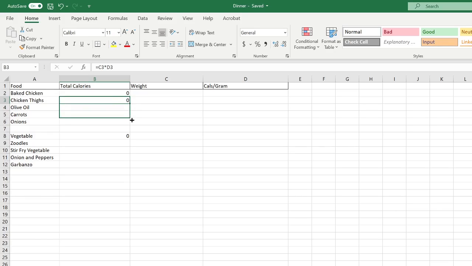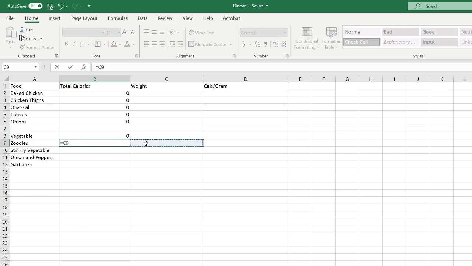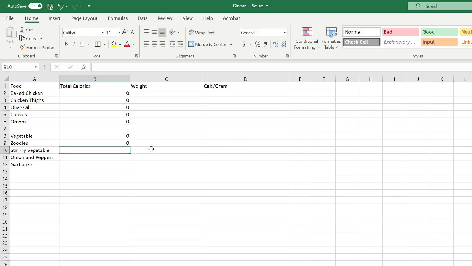A real quick way to fill in everything is to wait till you get that little plus sign and just drag it down. Or there's another way, which is to wait till you get that plus sign and double left click, and that will autofill all the way down to whatever's on your left hand side.